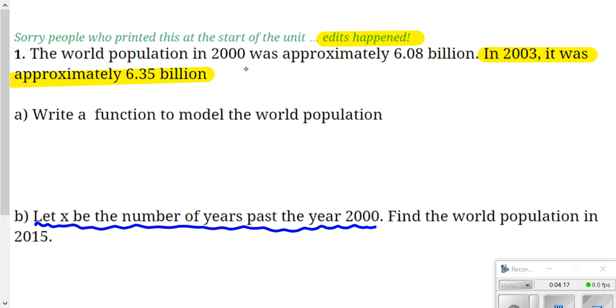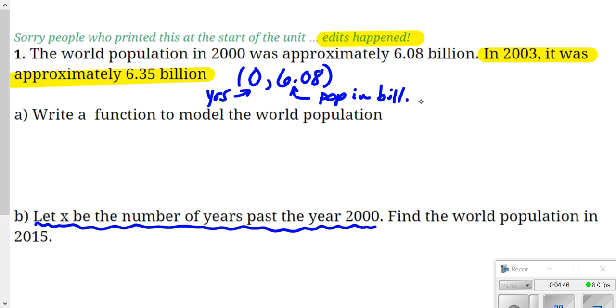Instead of calling this year 2000, I'm going to call it year 0, because it's the number of years past 2000. In 2000, I am not past 2000 at all. I'm exactly in 2000. So I have the ordered pair 0, 6.08. This is years past 2000, and this is my population in billions.